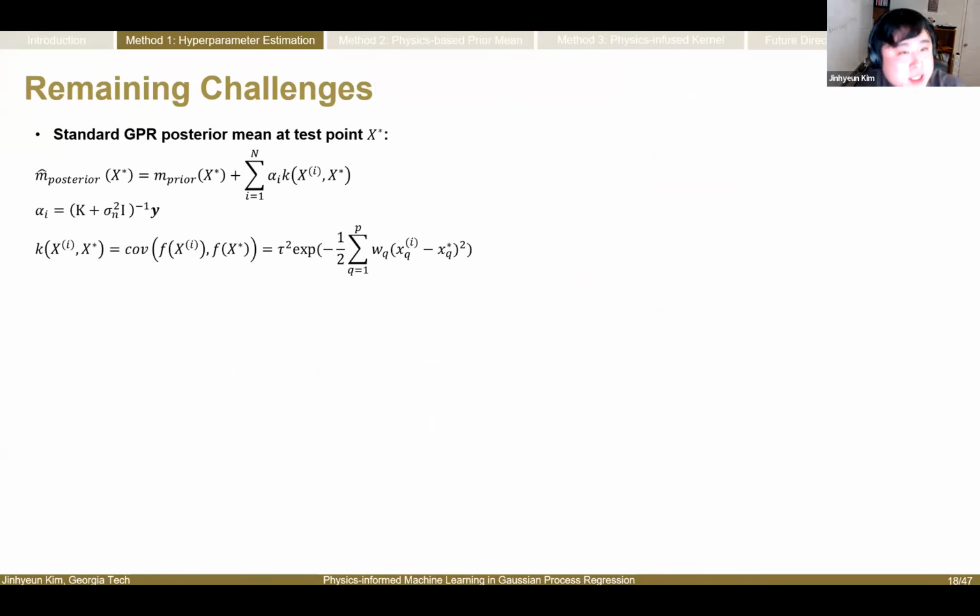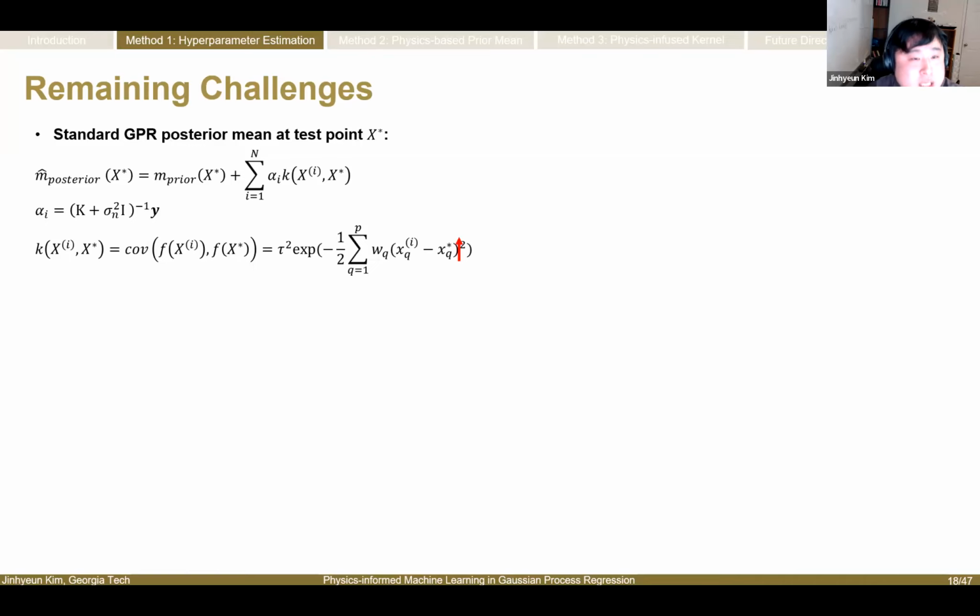There are remaining challenges, however. When you think of the standard GPR posterior mean at test points x prime, x star, this posterior mean can be calculated as a combination of the prior mean and the linear combination of the kernel at different training points. Here, when you think of an extrapolatory region where the test point is very far from the training point, this distance value becomes very high.